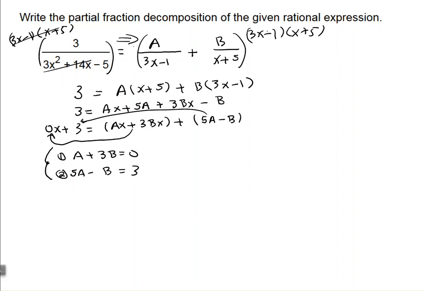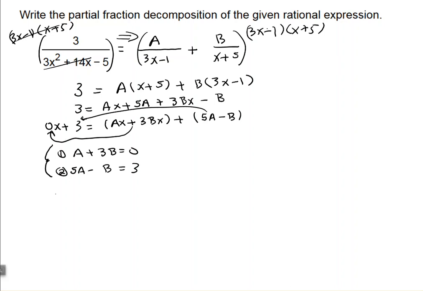Okay, so it really doesn't matter which one we eliminate. I'm going to go ahead and eliminate the B, since I already have positive and negative. So equation 1, the least common multiple for 3 and 1 is 3. Equation 1, I'm going to leave it like it is. Equation 2, I'm going to multiply it by 3.